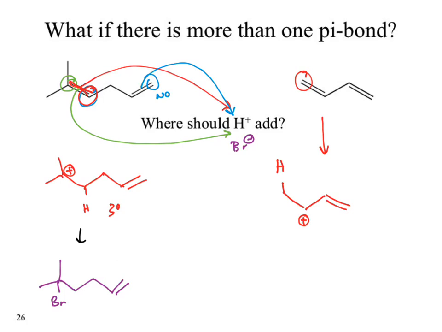We would not have placed the hydrogen here because that would have put the primary carbocation without resonance. That was a bad path. Make sense? Yes, that makes sense. Okay. So what products do we get?